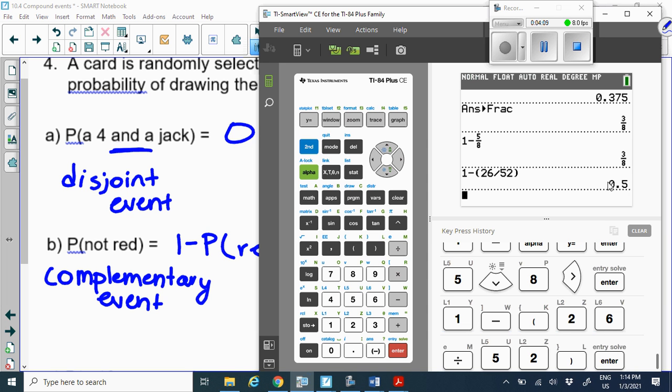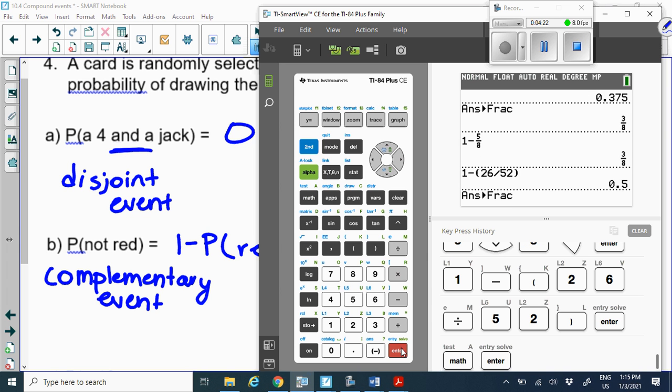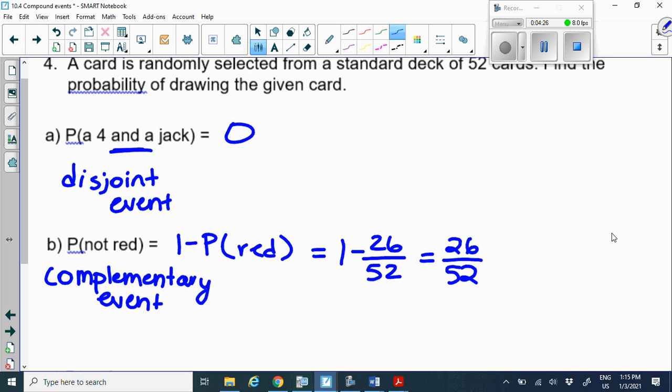You can write your final answer as a decimal, which is 0.5, or if you'd rather write it as a simplified fraction, remember you can go back to math and then press enter to get your fraction, and that's going to be, of course, 1/2, okay?